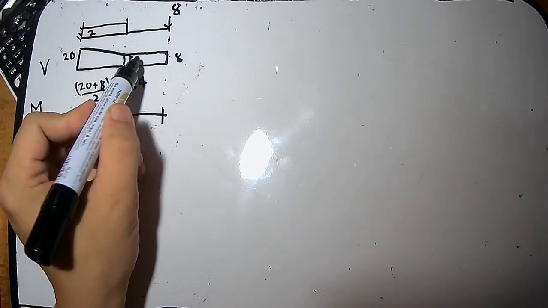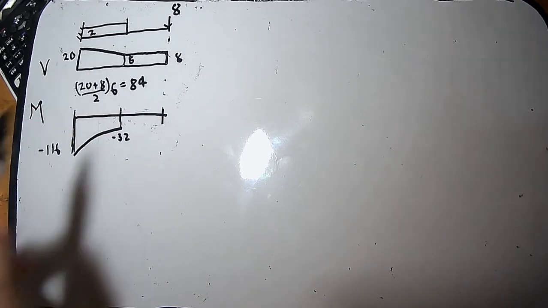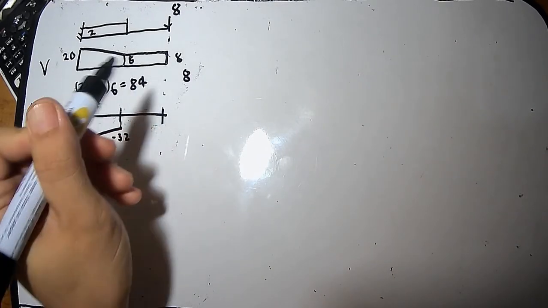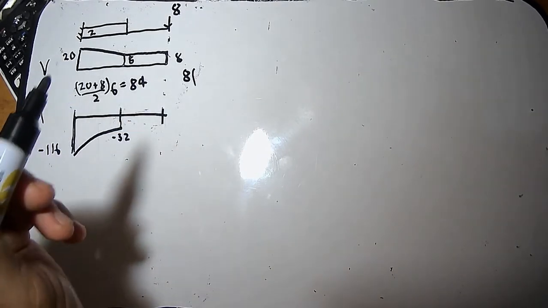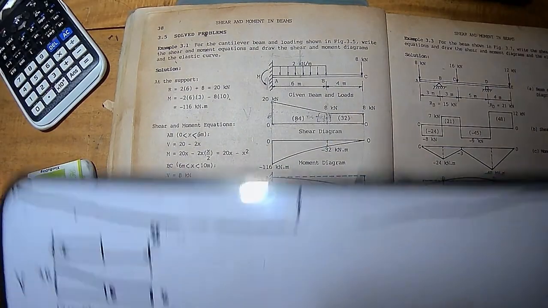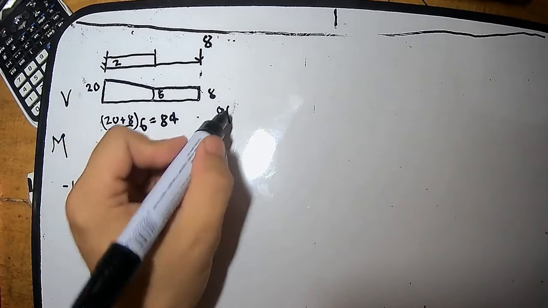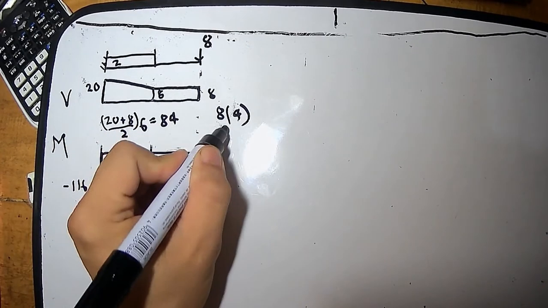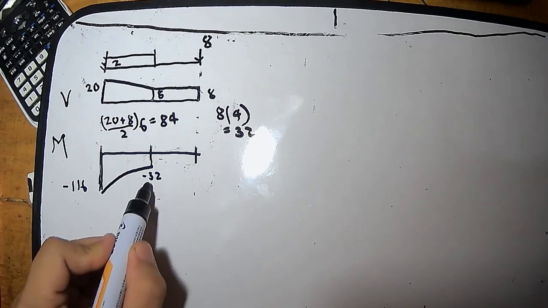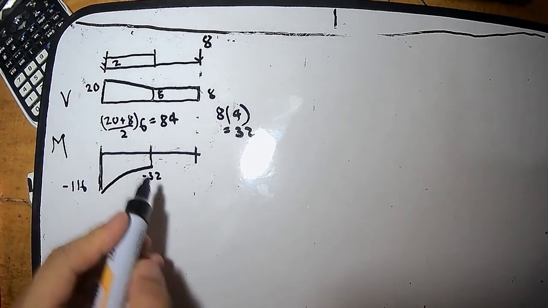Next, you add now the area of this shear diagram. The area would be 8 times 4. 8 times 4 would give you 32. So, negative 32 plus 32.